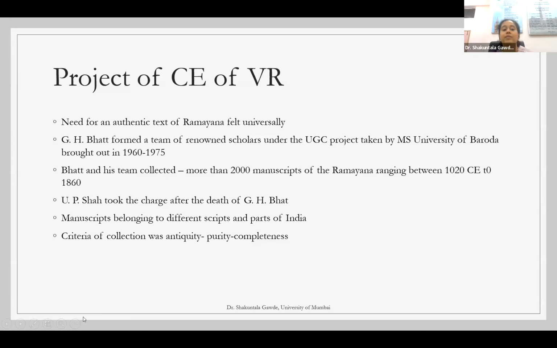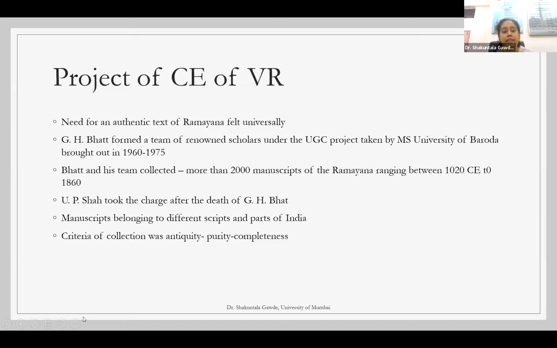So this project was undertaken by G.H. Bhatt. And of course, it was not the work of an individual. It was teamwork. We can see even all the team members mentioned in the critical edition of the Ramayana.